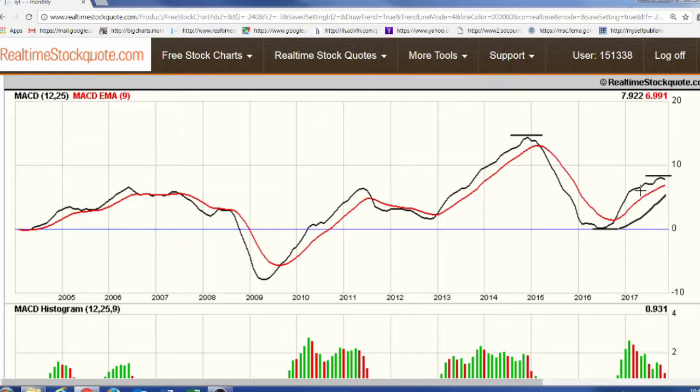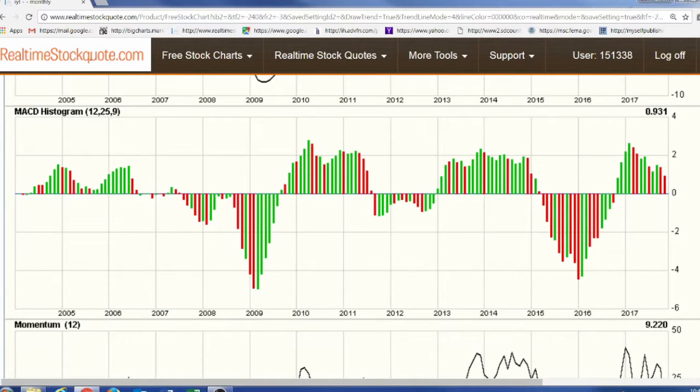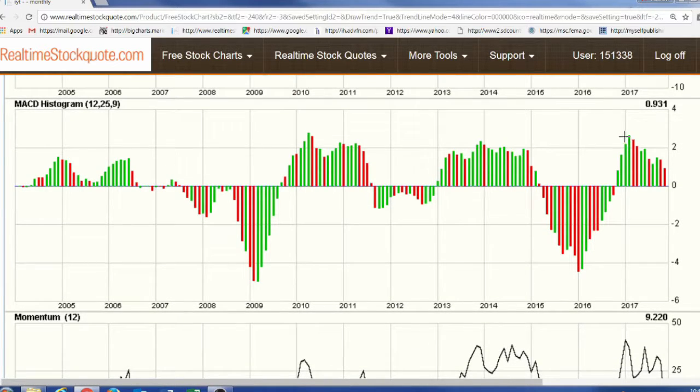In fact, it looks like it's taken one attempt at breaking down, and we're currently in a second attempt at a possible breakdown. That breakdown is shown here in the histogram, where we peaked at this point in early 2017, but we have had a steady decline through the current time period.